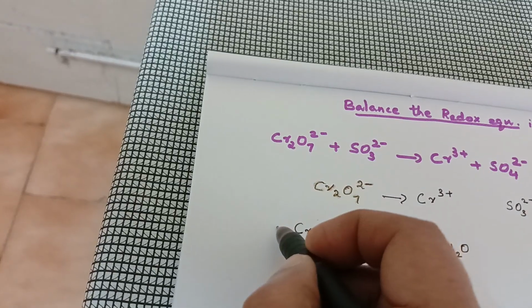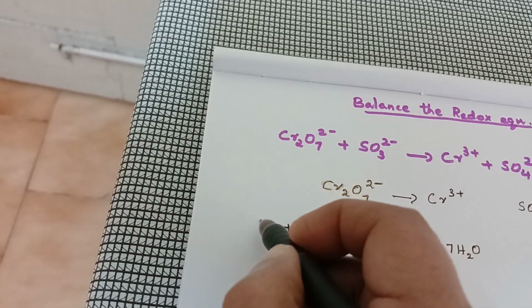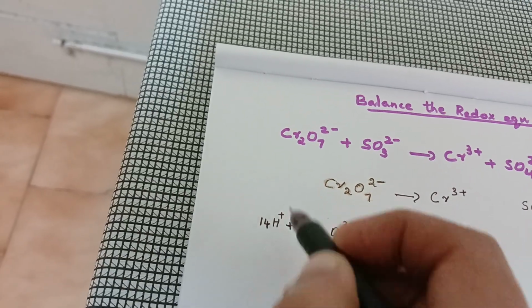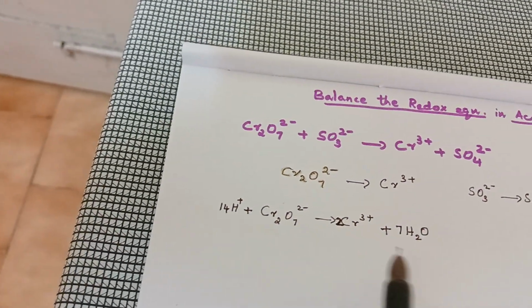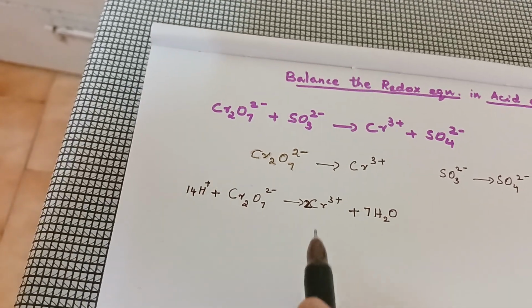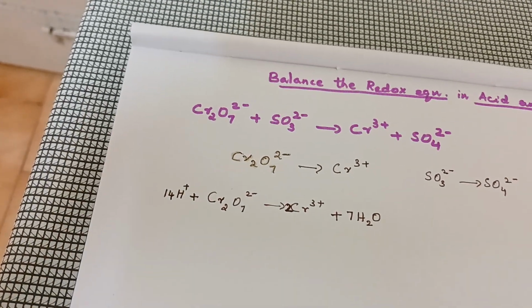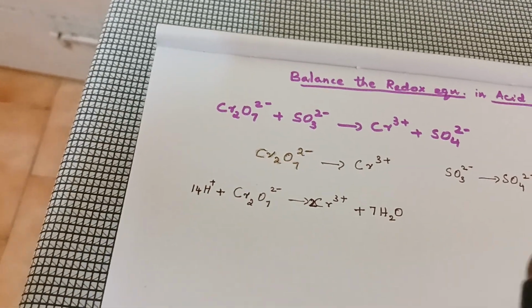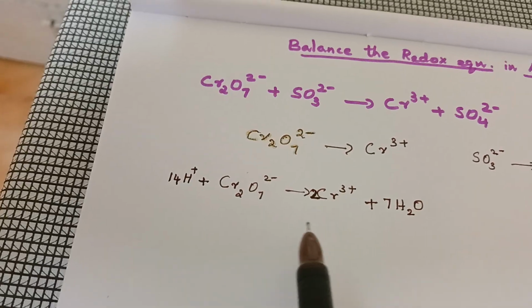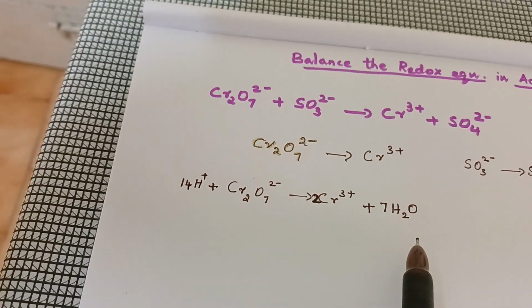So on the left hand side, we have to add 14 H+ ions. That is how we add hydrogens. And for adding oxygens, we add an equal number of water molecules as there are oxygen atoms. Okay, so all the atoms are balanced now.